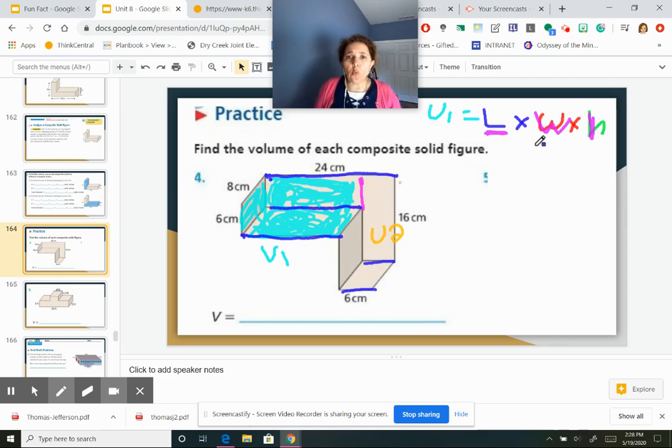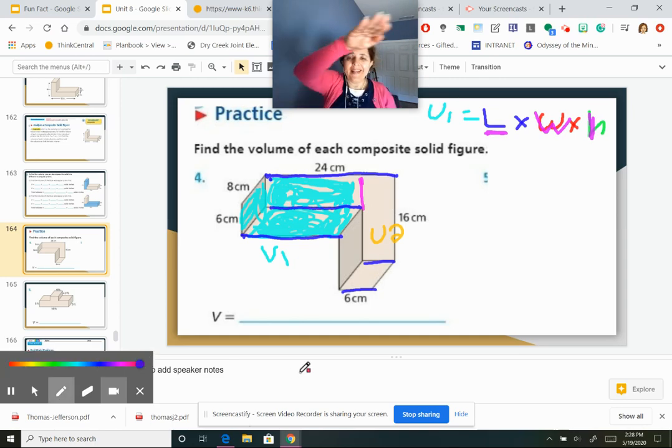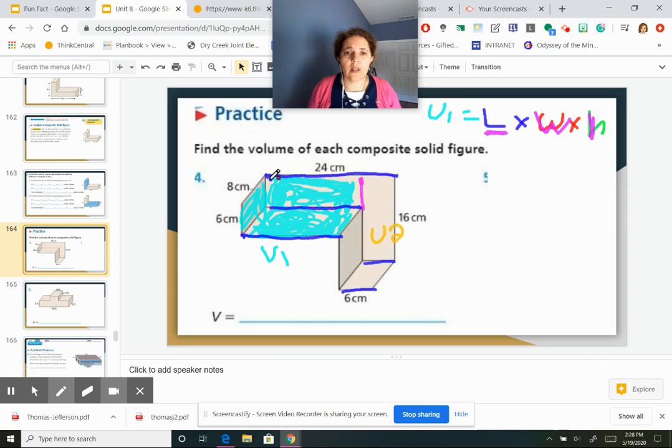Now I need to find my widths, the lines that are going inwards. Those are red, so I'm going to get my red out and do all my widths in red. This one's not going in. This one's going up and down, so that's not a width. That one you can see is going inward. See how it's going in?